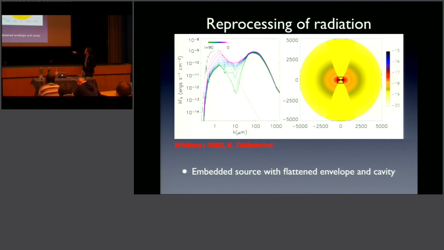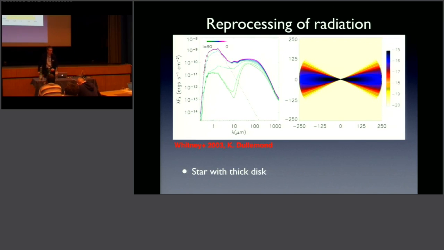Then you see that the spectral energy distribution changes. The importance of the far infrared is reduced. And again, if you go to an optically thick disk situation, where you don't have the envelope anymore and you just have this thick flared disk, then what you see depends very much on whether you are looking from this direction or this direction, because the opacity towards the central star changes very much.